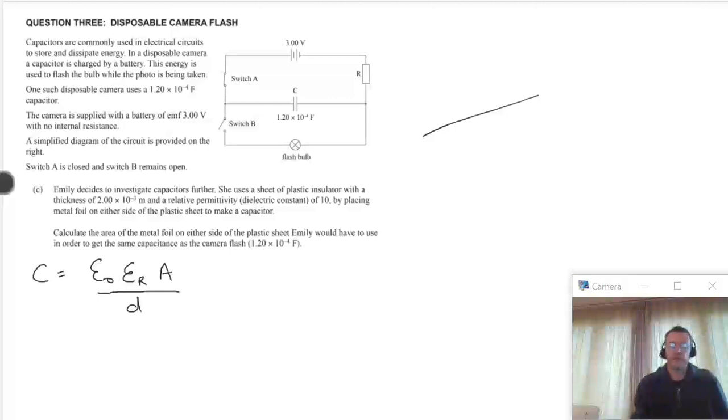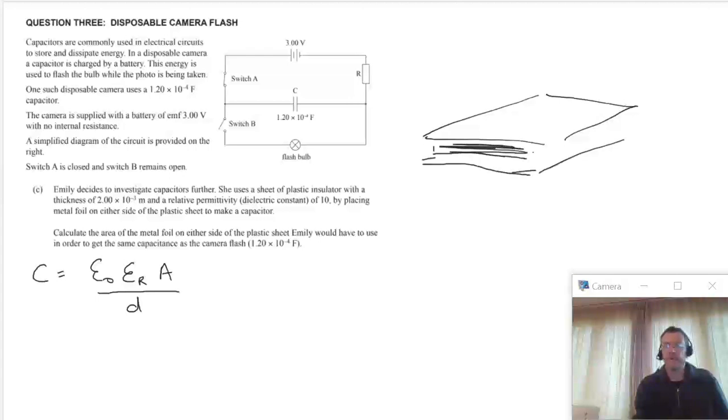Her capacitor is going to look something like this, with a layer sandwiched in between, and then another sheet of metal foil underneath, and then the layer sandwiched in between. And these have an area A and a thickness d.